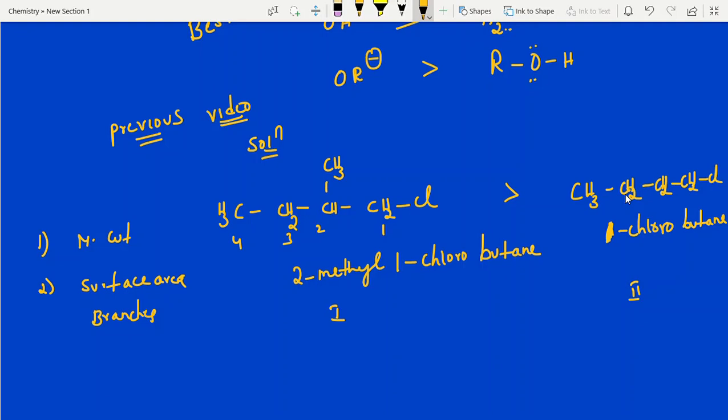But when compared to the next member of a series, this is 5-membered and this is 4-membered, so we have to give first priority to molecular weight only. Our answer is the first one.